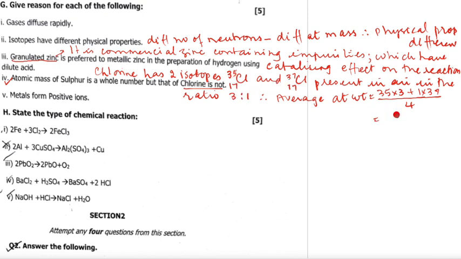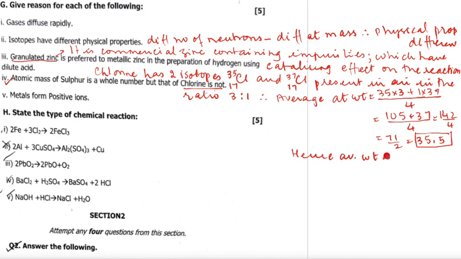So that will give us 105 plus 37, that upon 4, so that will be 142 upon 4, which is 71 upon 2, which is 35.5. Okay, so the average weight is a fraction for chlorine.